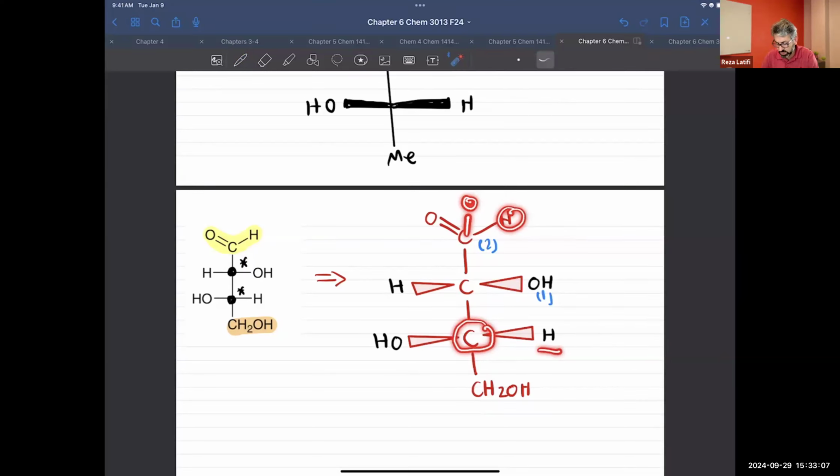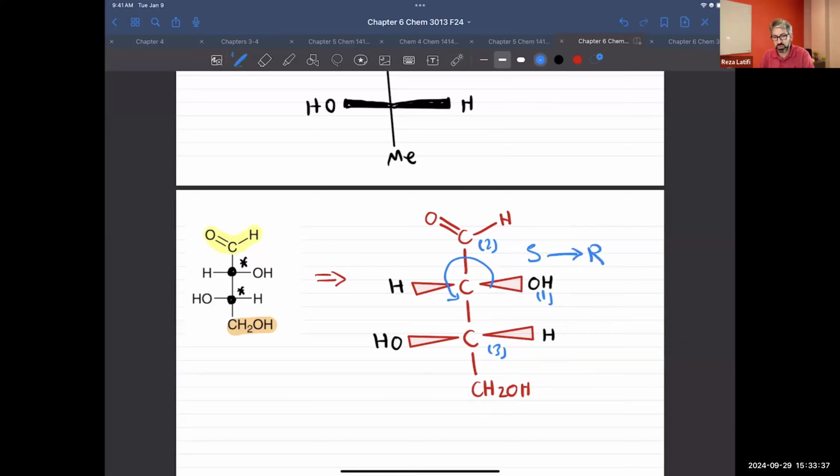We have hydrogen, 1 oxygen, and then the third one will be carbon. The top one has 2 oxygens, 1 hydrogen. The bottom one has 1 oxygen, 1 carbon, and 1 hydrogen. So this is going to be number 3. And if you follow the order, this is supposed to be counterclockwise, so S, but because hydrogen is pointing to you, we're going to flip it and it will be R.